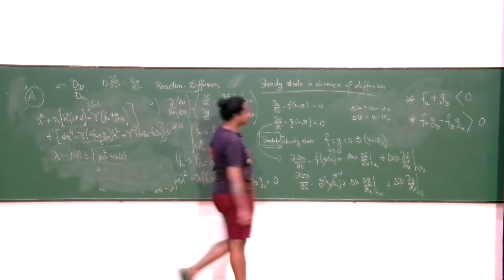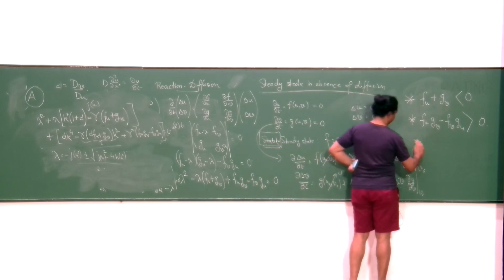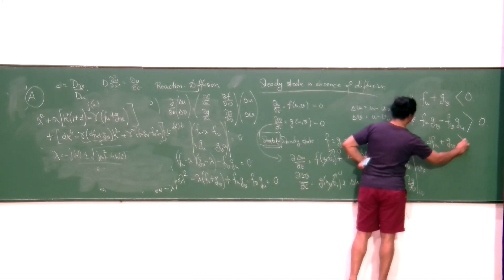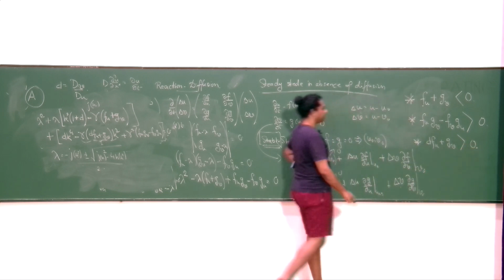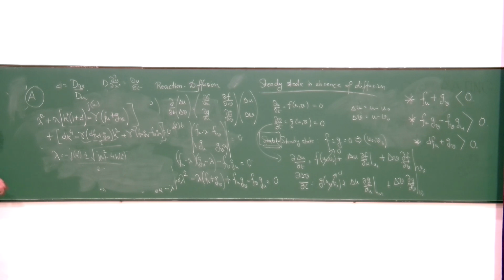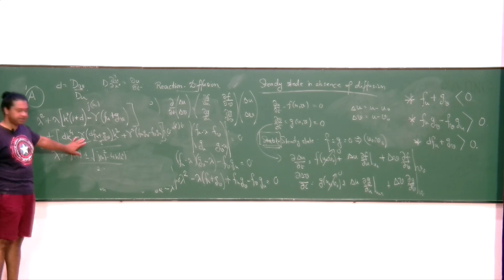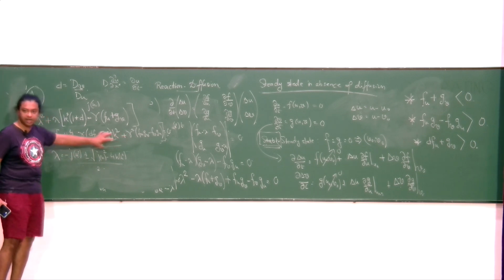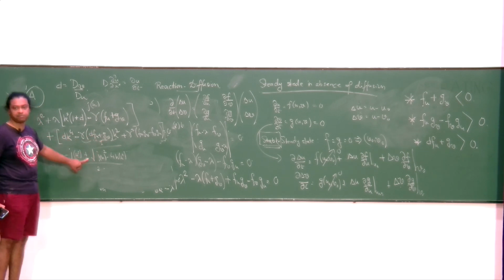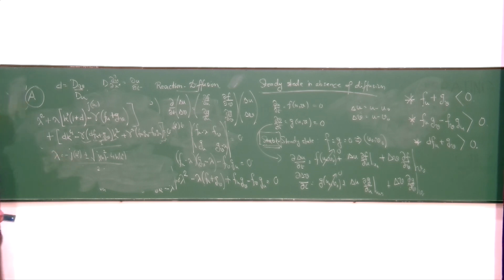So that is my condition number 3, that dfu plus gv is positive. It's not sufficient because it still has to overcome these two terms, but it's a necessary condition for this h to be negative, such that you can in principle have a positive root for this lambda. So that is condition number 3.